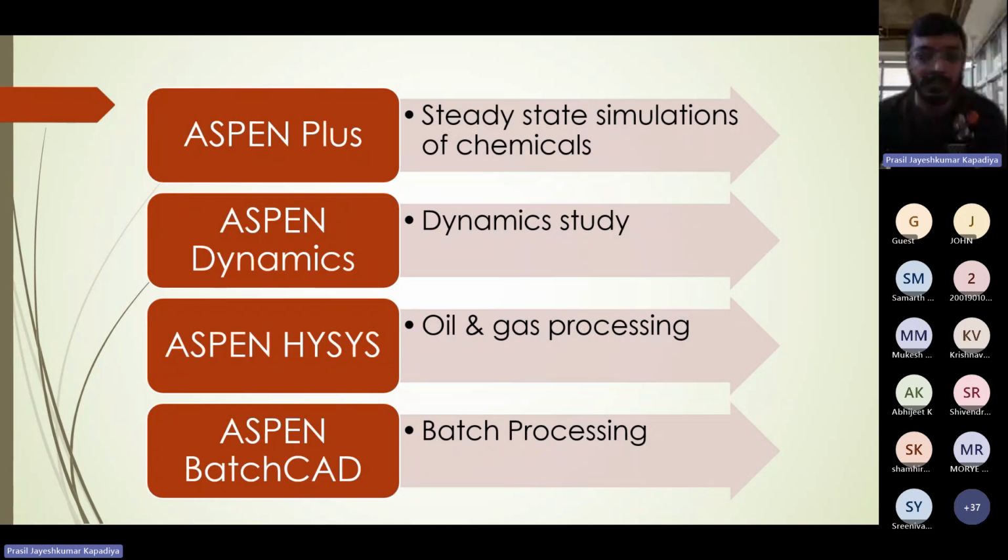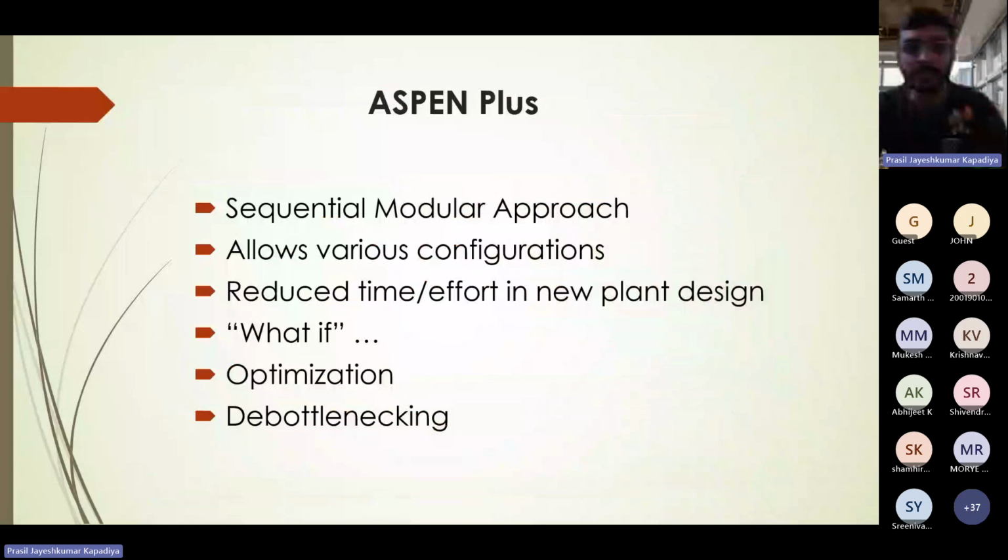Aspen Plus is steady state simulation, and Aspen Dynamics is used for dynamic study. Aspen HYSYS is similar but mainly used for oil and gas processing applications, and Batch CAD is used for batch processing. There are many Aspen tools available, but I have shown only four here.